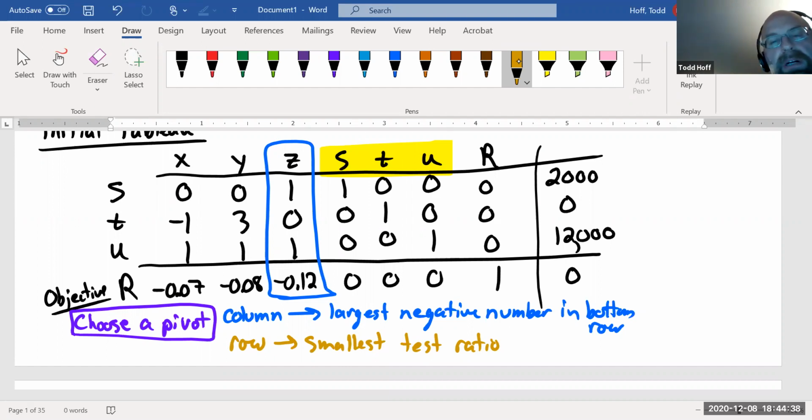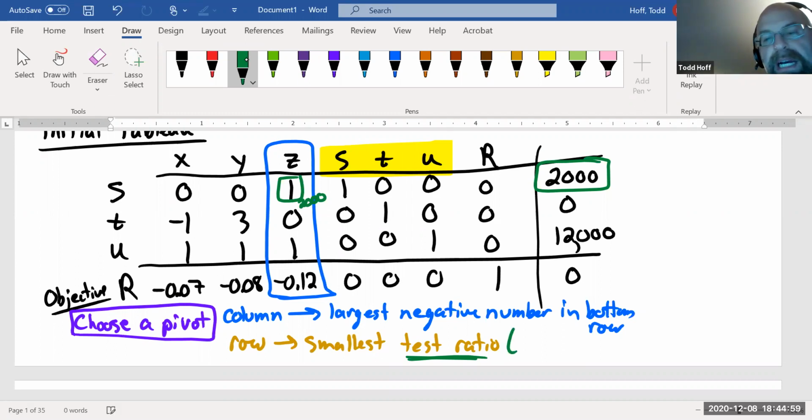So our test ratio is found by taking the number in this right-hand column divided by the number in our pivot column. 2,000 divided by 1 gives us a test ratio of 2,000. 0 divided by 0, we can't do that. So that cannot be our pivot.